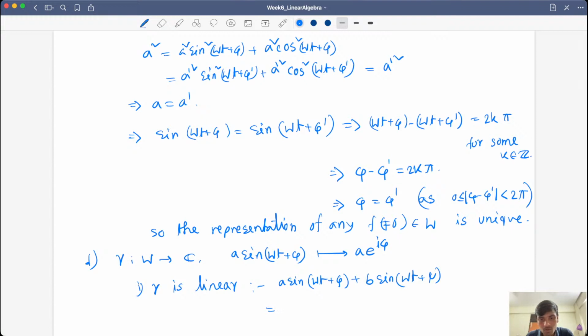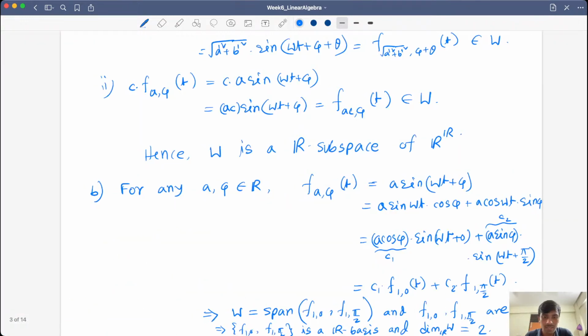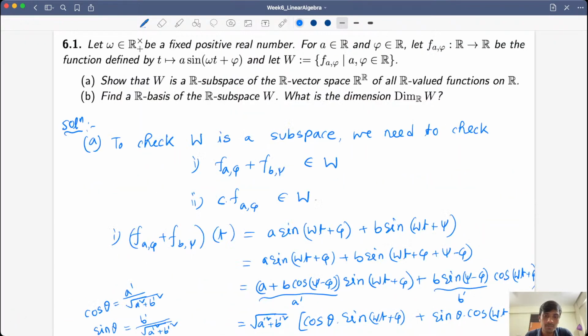So root of a prime square plus b prime square into sine omega t plus phi plus theta, where cos theta was a prime divided by that root, and this a prime was a plus b cos psi minus phi, and b prime is b sine psi minus phi.